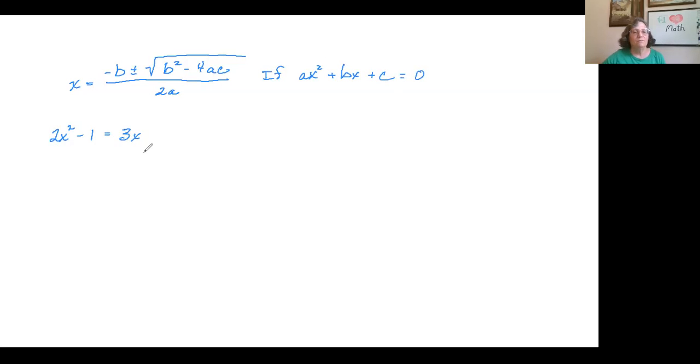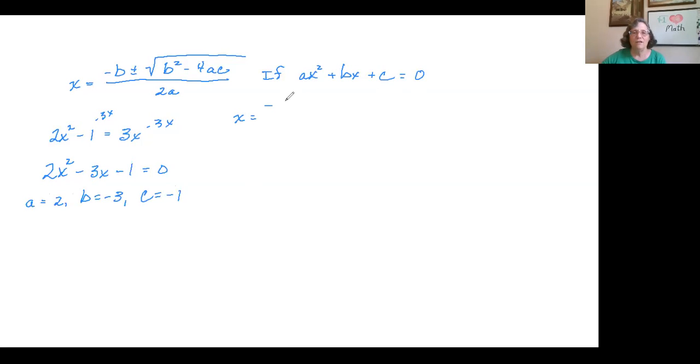So this is a problem. All I have to do to get a 0 over here is subtract 3x from both sides. However, I want to make sure that I'm going to put the 3x in the middle. If you have any like terms when you do that, you need to combine those so that it's in this format with your x squared term, and then your x, and then your constant. So now I've got a is 2, b is -3, c is -1.